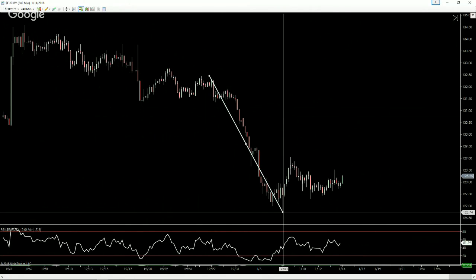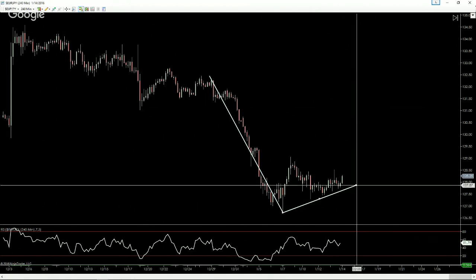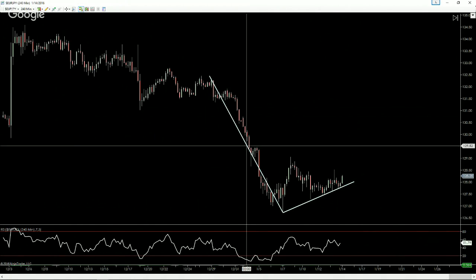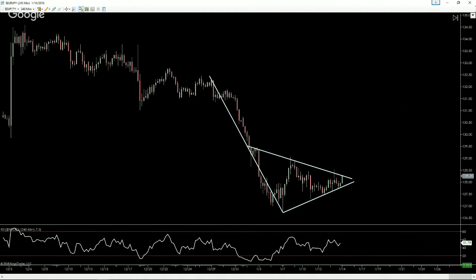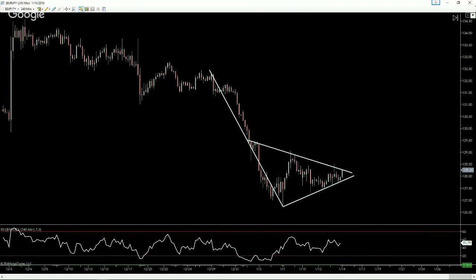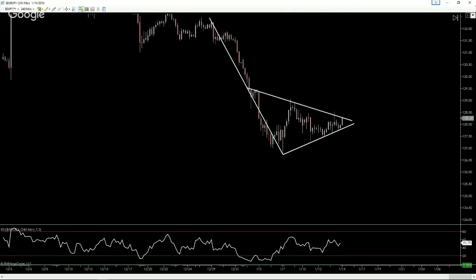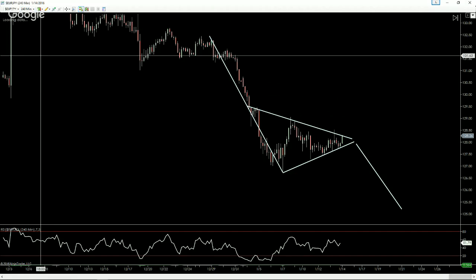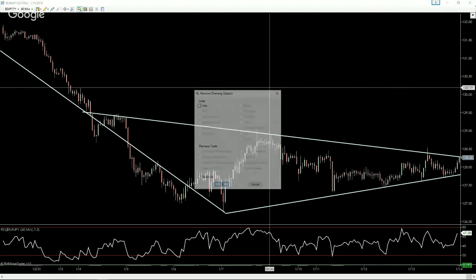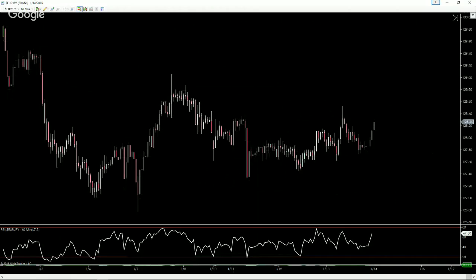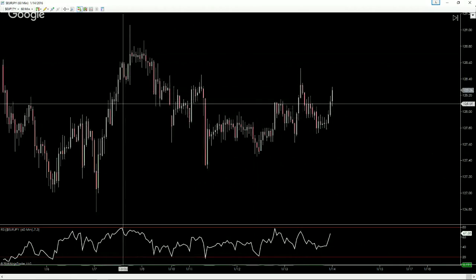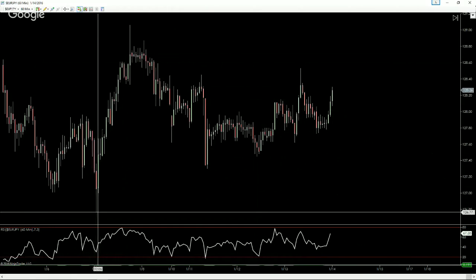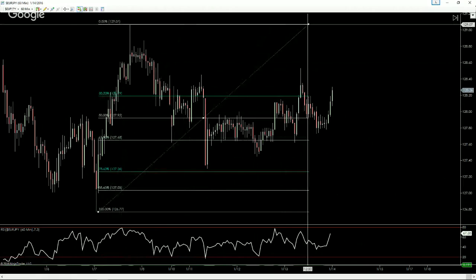I don't trade pennant patterns. I don't use it as one of my strategies, but there's a lot of people who do. And these kinds of pennants usually go to the downside like that. But let's go ahead and go to our 60. Let's see, let's delete all of that. On the 60, we do have a potential pattern.